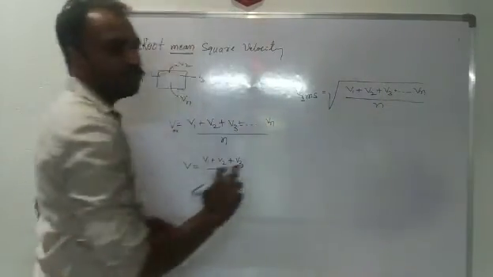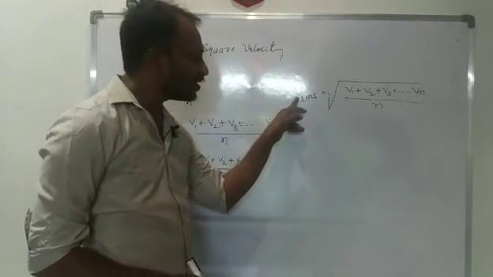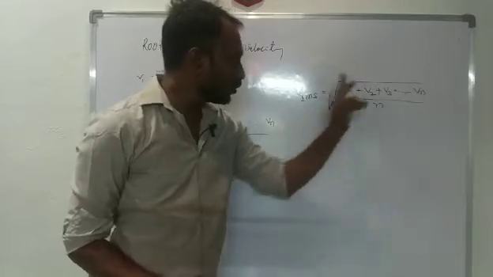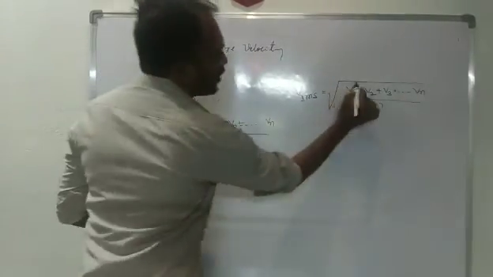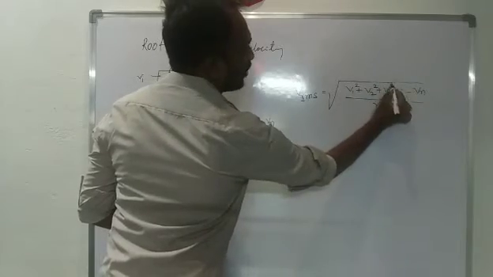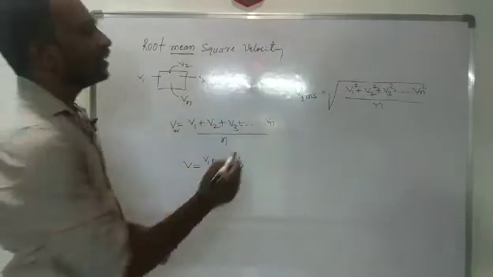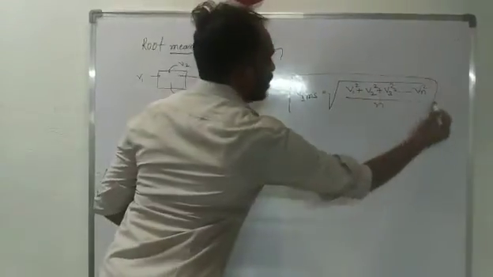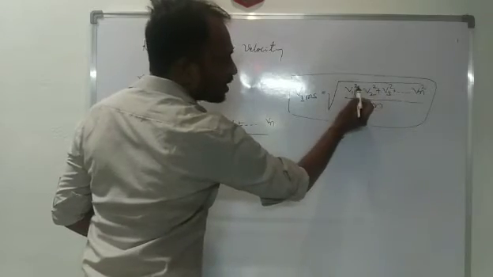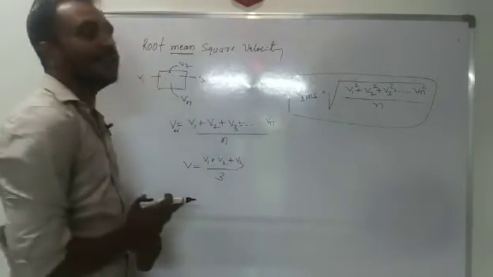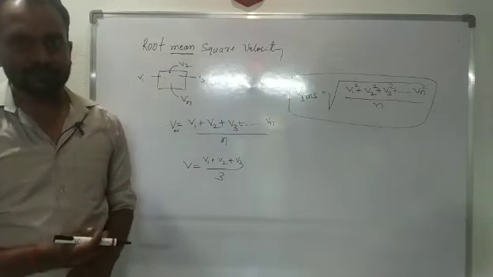Since it is root mean square velocity, it is the square root of the mean of the squares. So v1 square, v2 square, v3 square, and so on up to vn square. This is the RMS velocity. It means the square root of the mean of the squares of the velocities. This is what we call root mean square velocity.